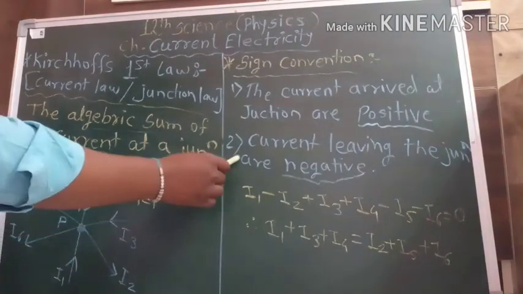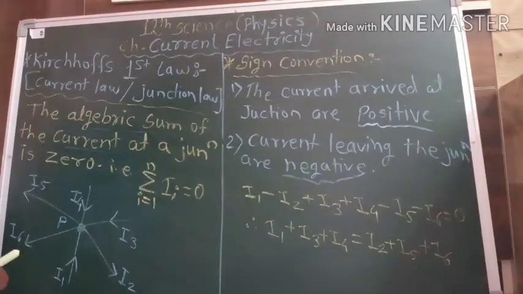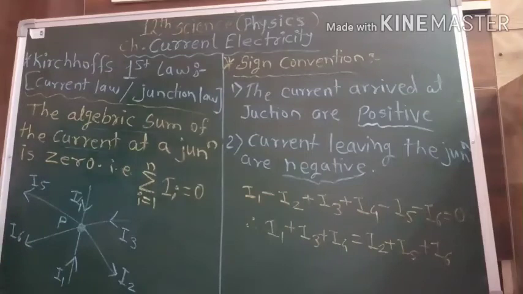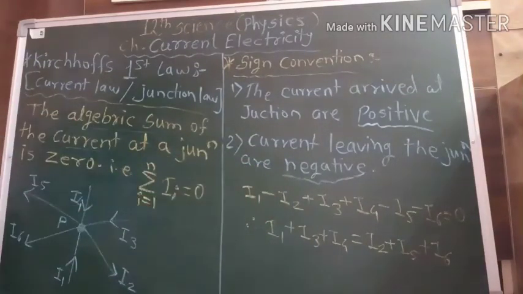The second point is: current leaving the junction is considered negative. That means the current which goes away from the junction is considered negative current.